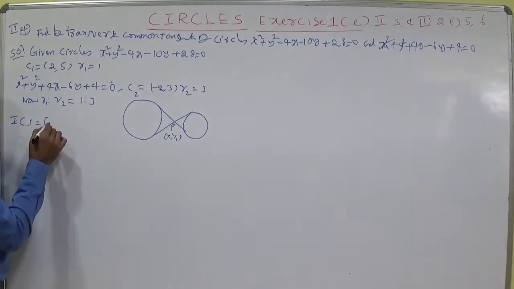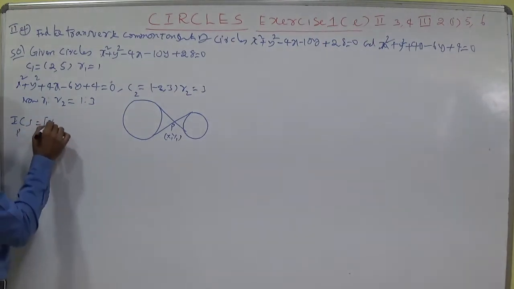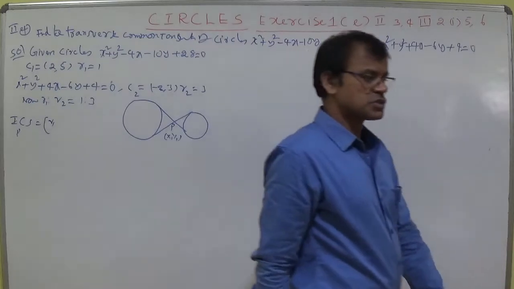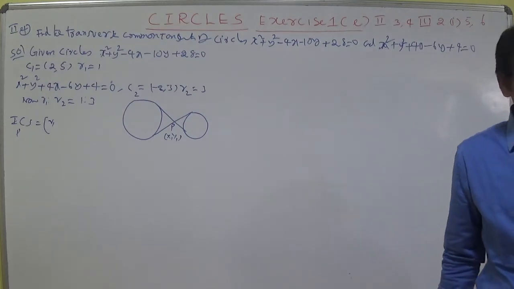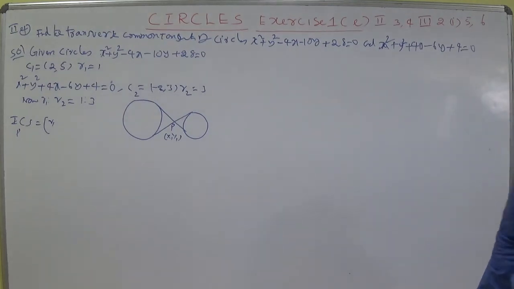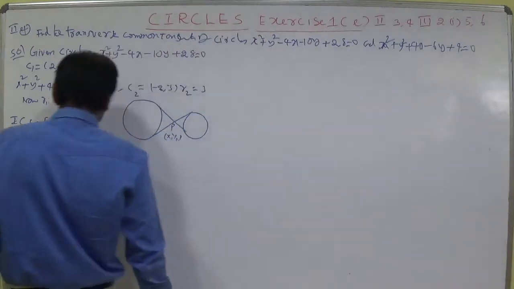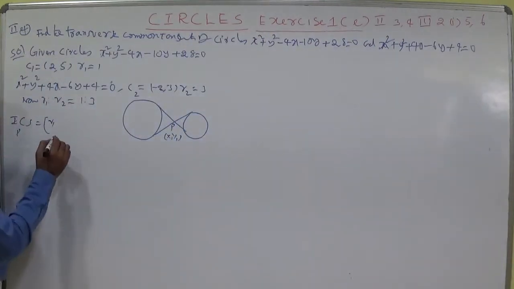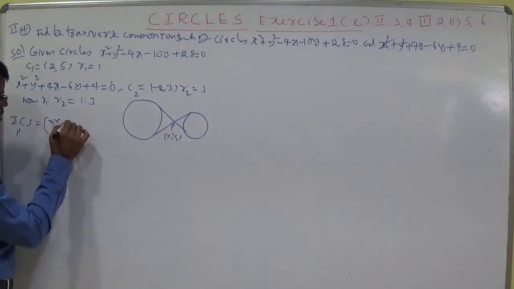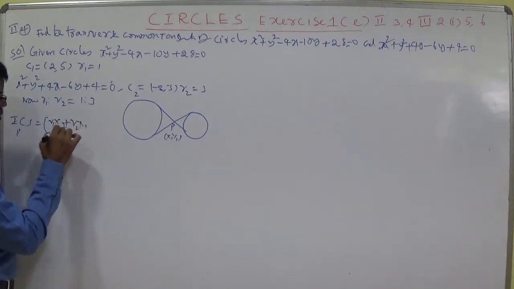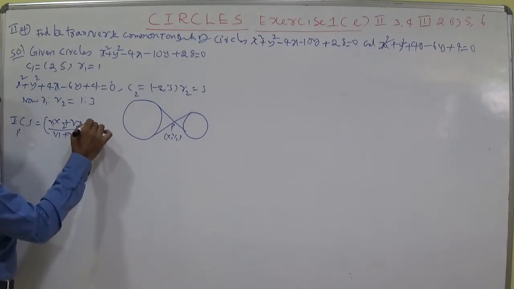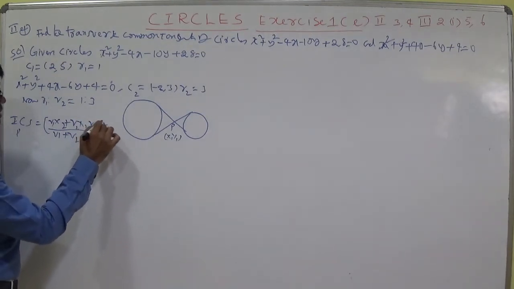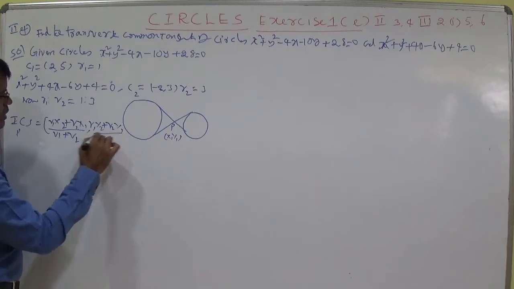ICS formula: P is equal to (R1 x2 plus R2 x1) by (R1 plus R2), and (R1 y2 plus R2 y1) by (R1 plus R2).